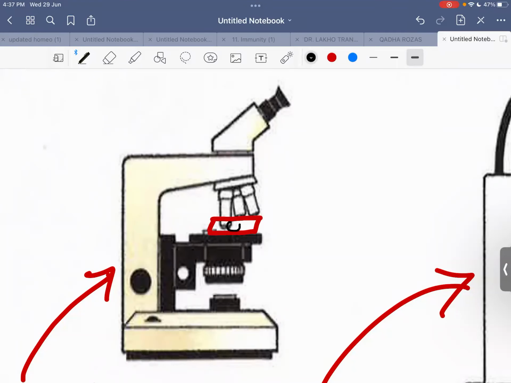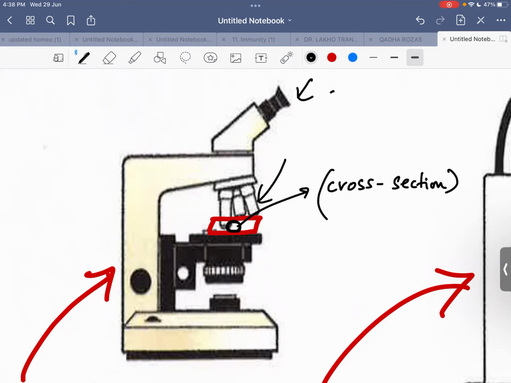Now I'm going to keep this slide with the thinnest possible section of the stem, which in this case is a cross section. I use these lenses to visualize it under magnification, and I'll be able to see what actually makes up the cells of a stem. This is a cross section.